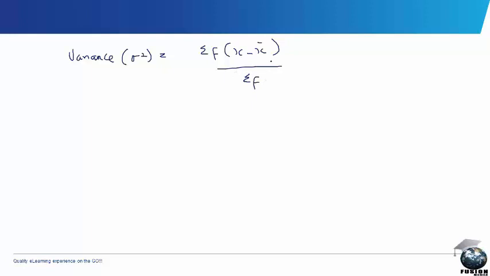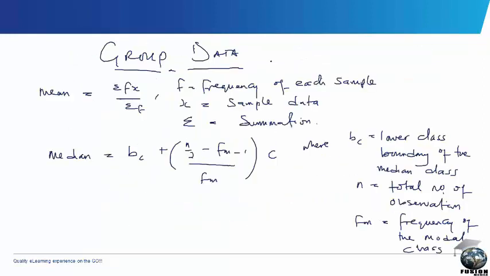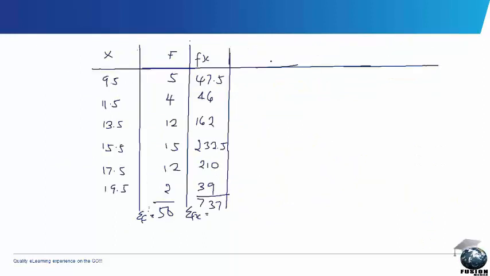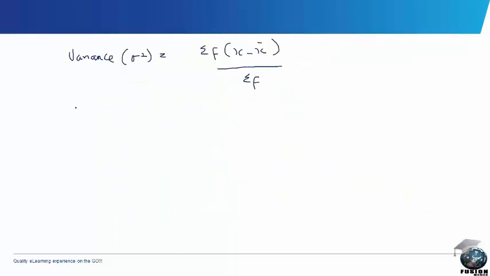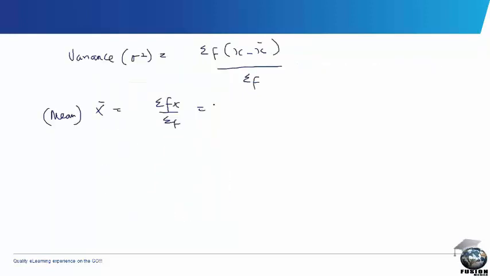Okay, so we have summation f times (x minus x bar) squared, all over summation f. And so do we really have an x bar here? Our x bar is the mean, and the mean is given as summation fx all over summation f, which in this case summation fx is 737 and summation f is 50.